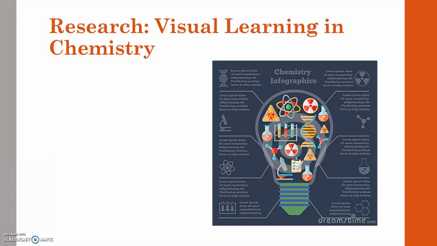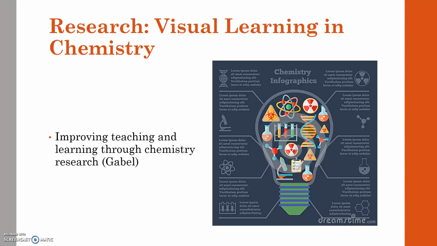The purpose of this assignment was to find literature that discussed visual learning in the science classroom, as well as to find implications for how this research can be applied in teaching practices.